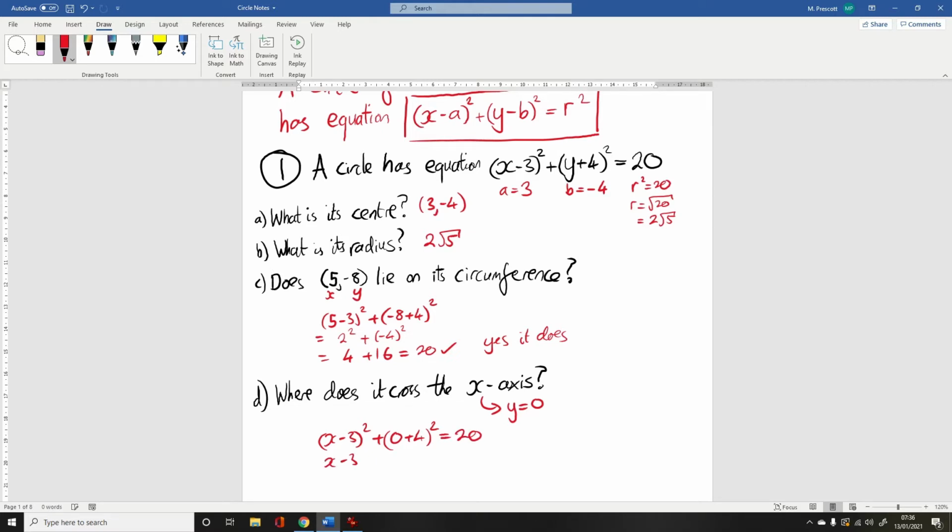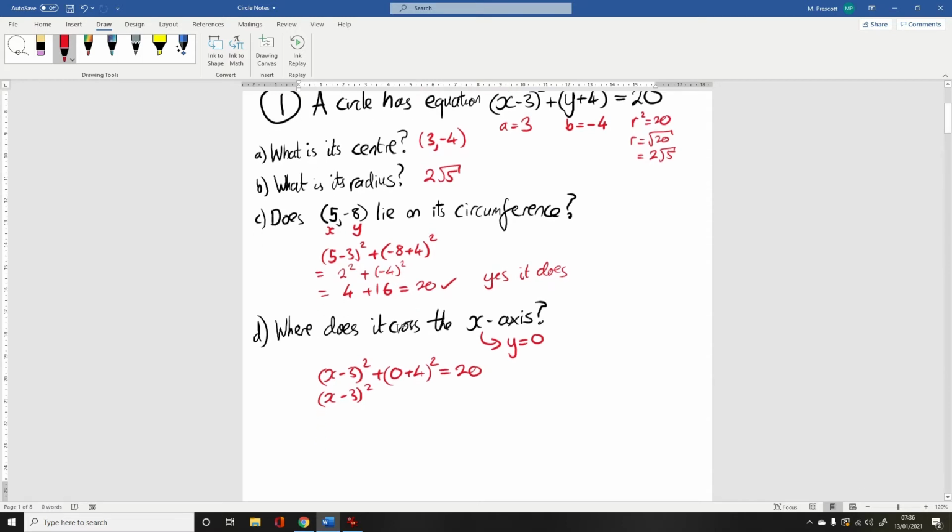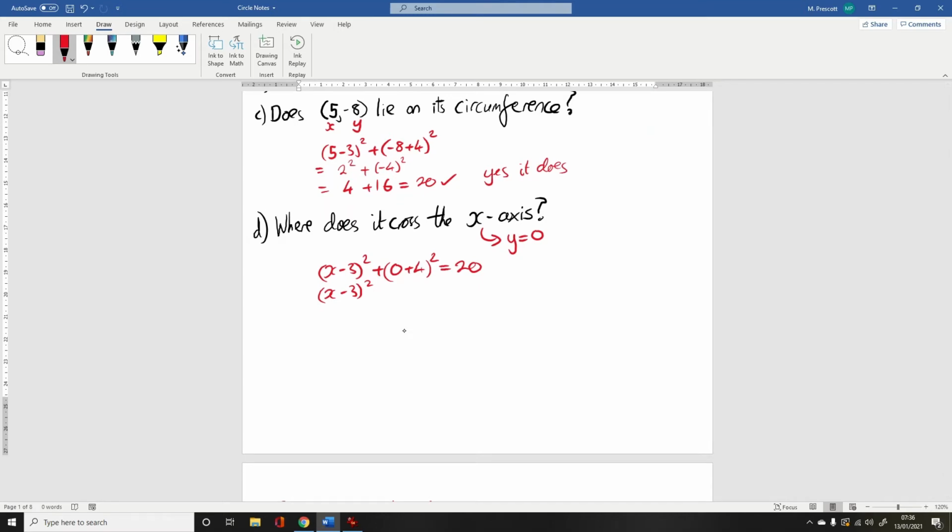And then let's be a little bit smart. It might be tempting to expand that bracket, but we're actually going to avoid it. We're going to say (x minus 3) squared plus 4 squared. So actually, let's go ahead and just call that 16.